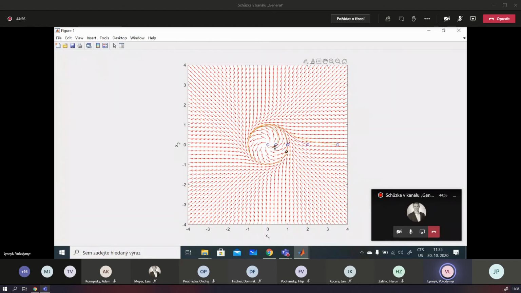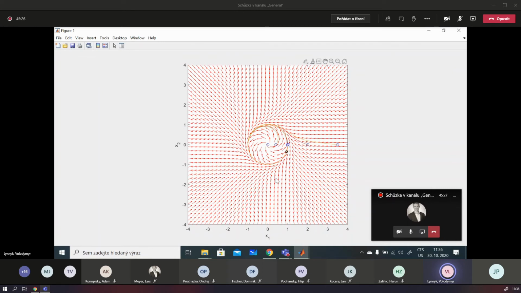Yeah, and when we start on the circle, for example, x equal to 1, then it stays on this circle. And when we start outside of this stable circle, then it goes to the stable circle and stays on this.